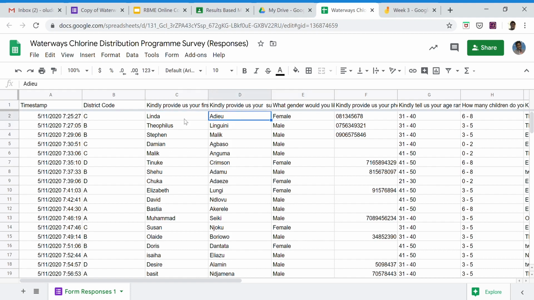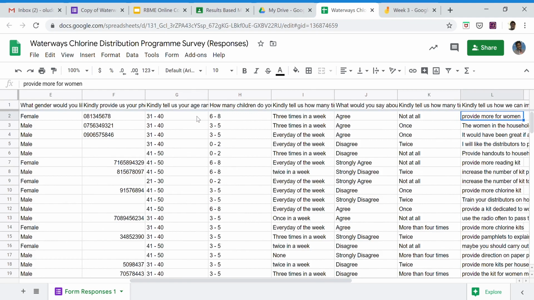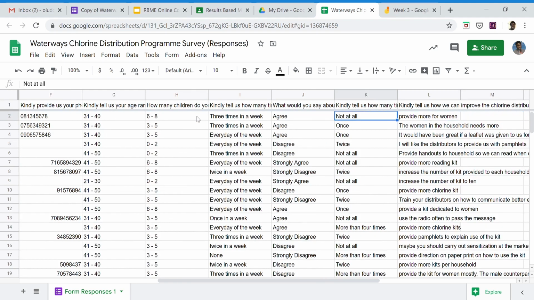That can be common when you have enumerators or even yourself. You could actually include Linda Adil twice. If you run analysis that way, it means you're wrong. It means there's a double entry which you didn't take cognizance of.